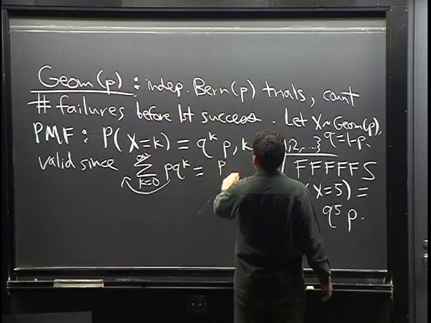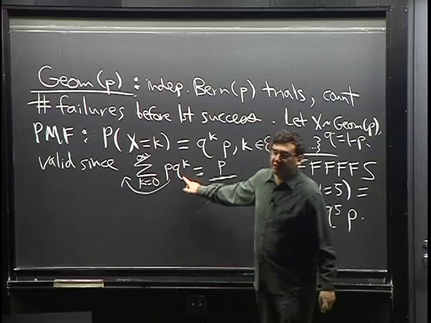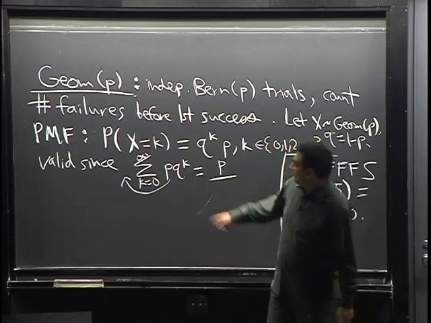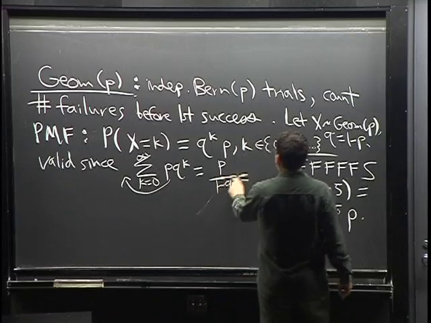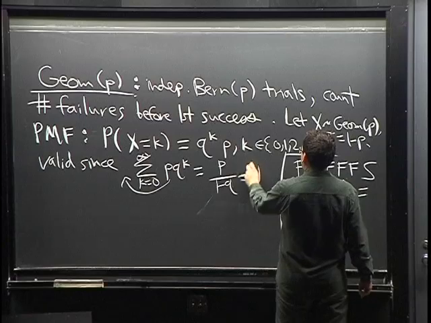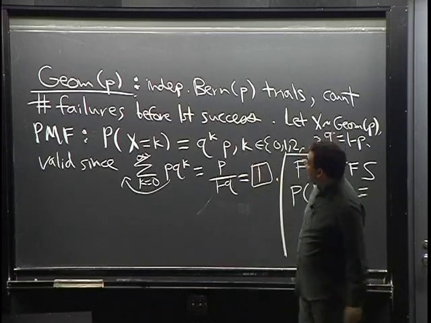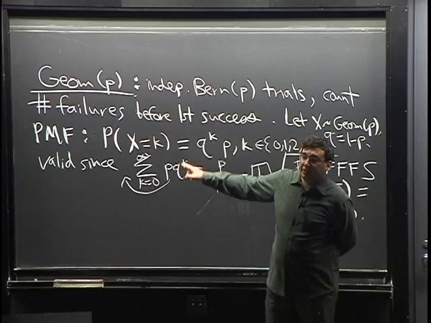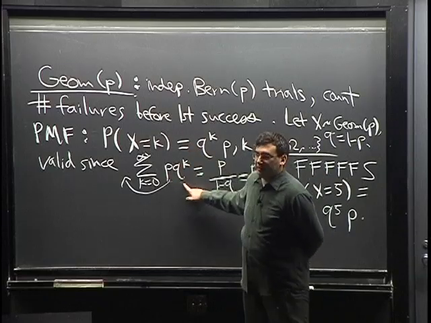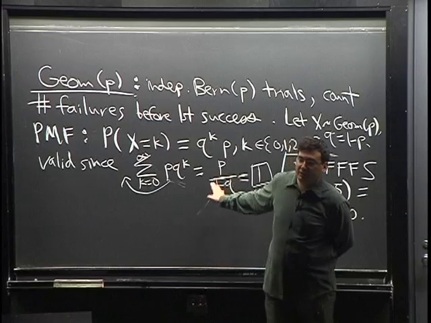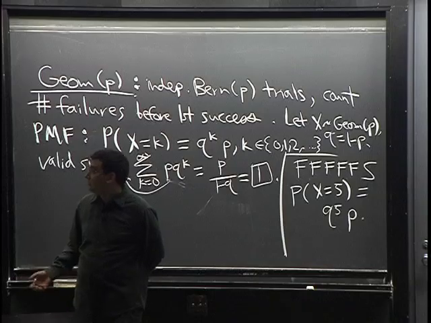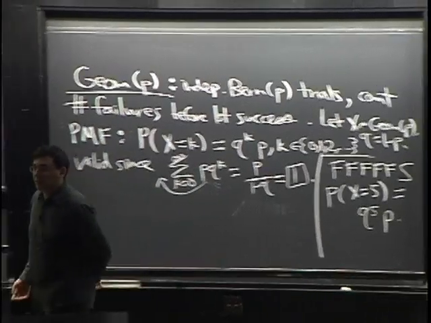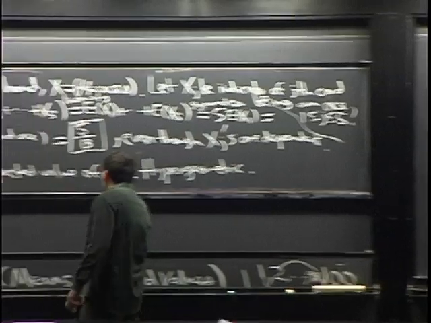Now the sum of q to the k, that's just a geometric series, right? The sum of this geometric series is 1 over 1 minus q. 1 minus q is p, so that's just 1. And that's what we wanted. So that's why this is called the geometric distribution. It's because this thing is a geometric series. Just like for the binomial distribution, you get the binomial theorem. That shows that the PMF is valid. All right, so now let's do the expected value.